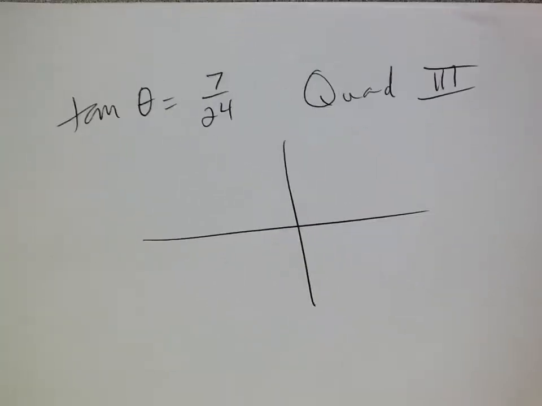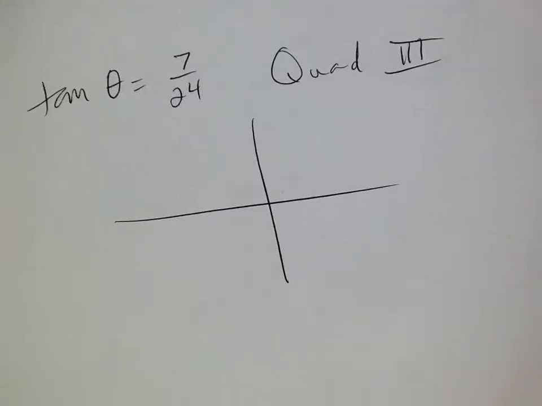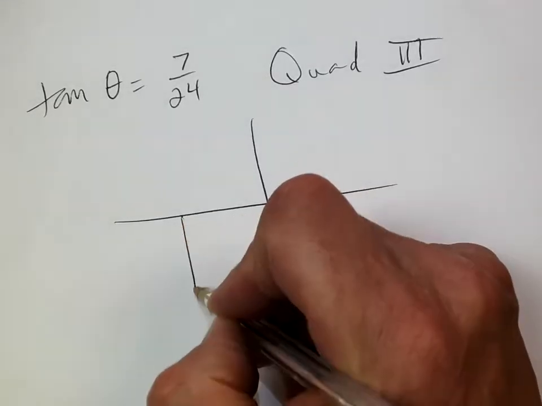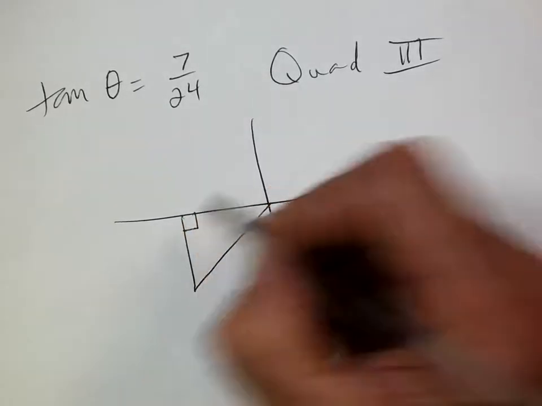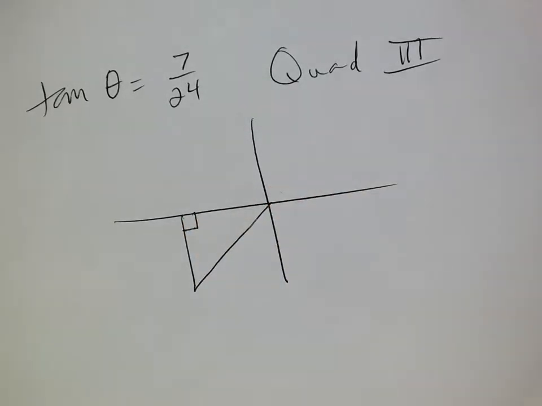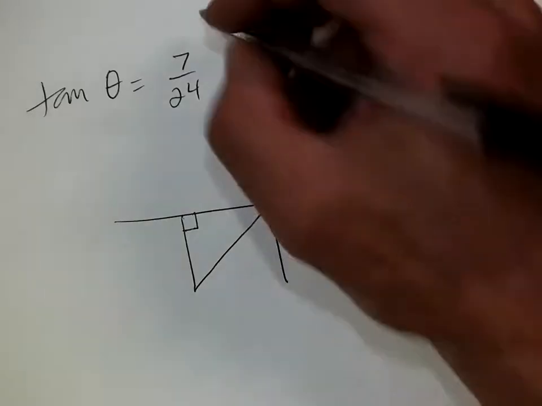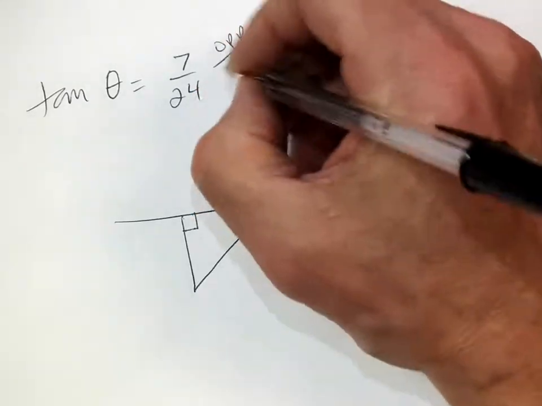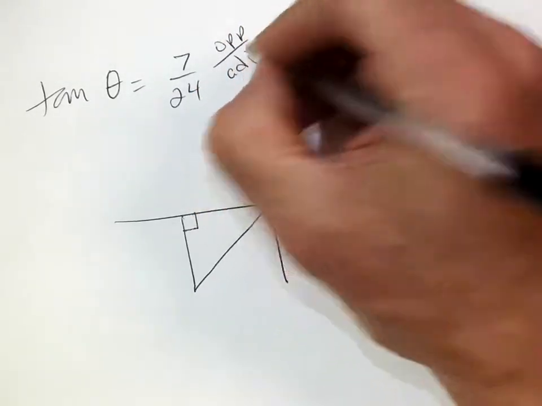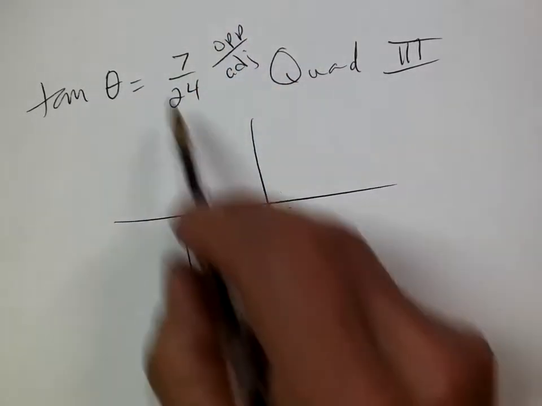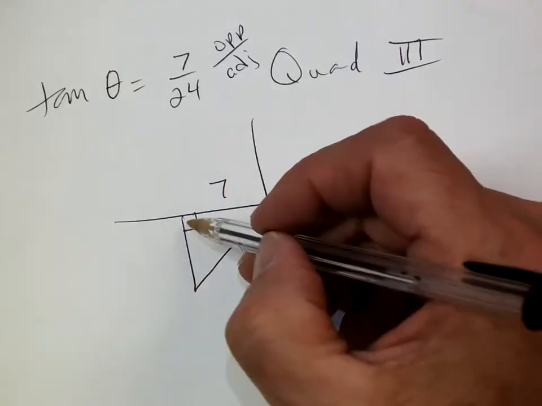Start right off the bat with that. Then if we're in quadrant 3, put a right triangle in quadrant 3. Now, what we know about tangent is it's equal to the opposite over the adjacent, right? So opposite has got to be the 7, and the adjacent is 24.